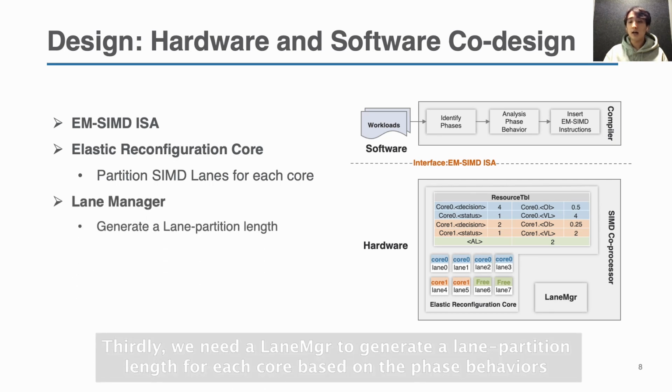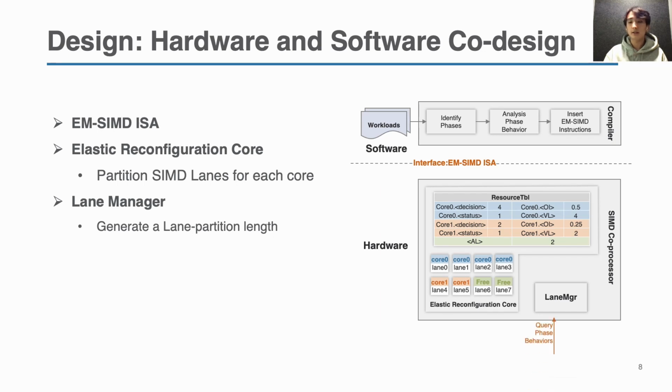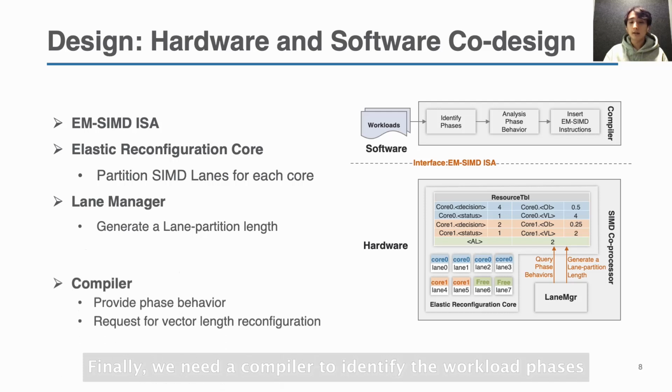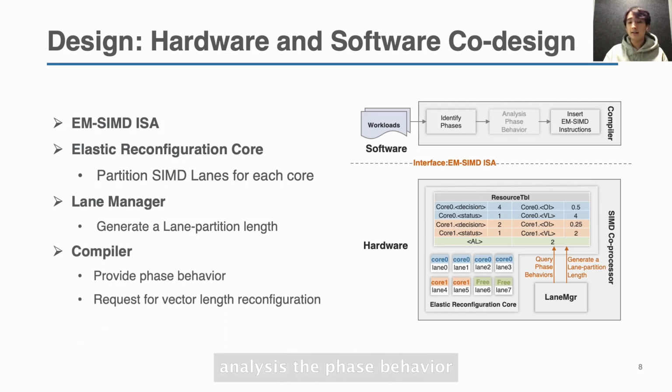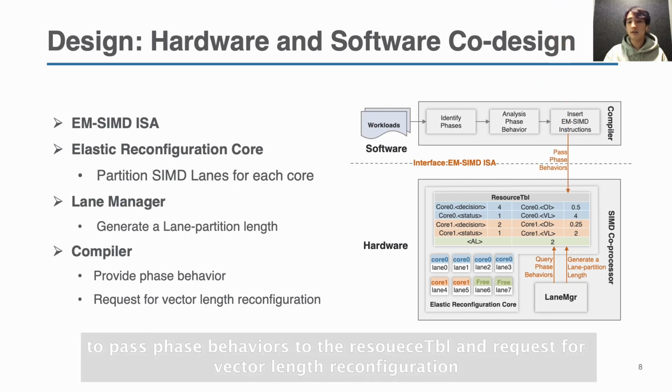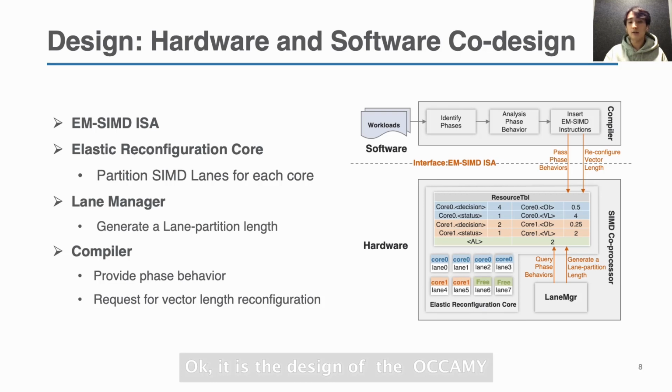Thirdly, we need a lane manager to generate a lane partition length for each core based on the phase behaviors. Finally, we need a compiler to identify the workload phases, analyze the phase behavior, and insert instructions at legal points to pass phase behaviors to the result table and request vector length reconfiguration. Okay, this is the design of OCCAMY.